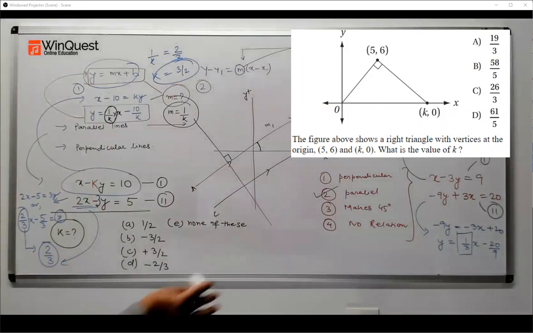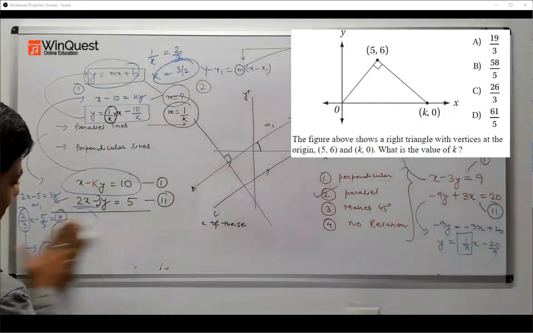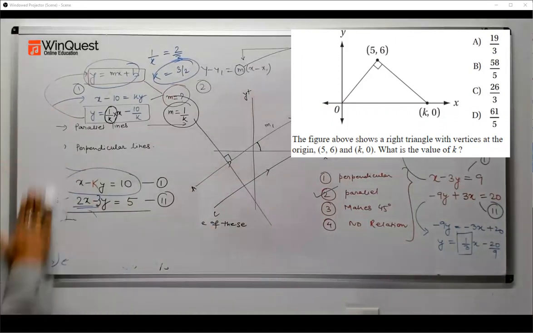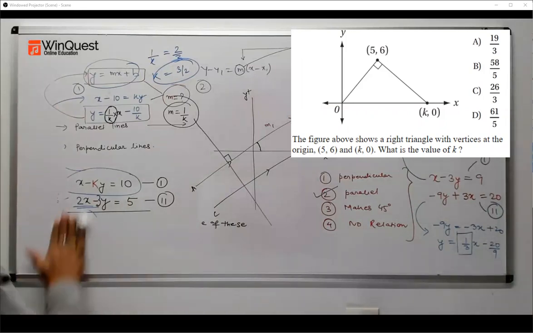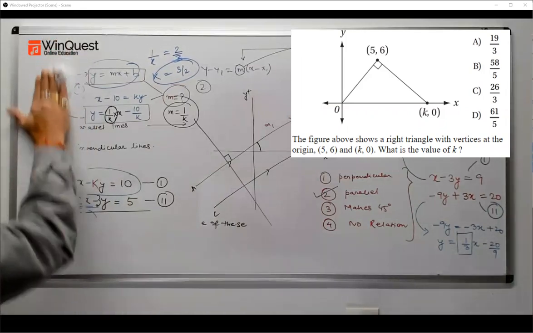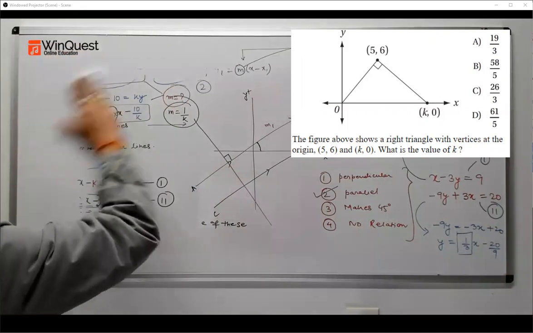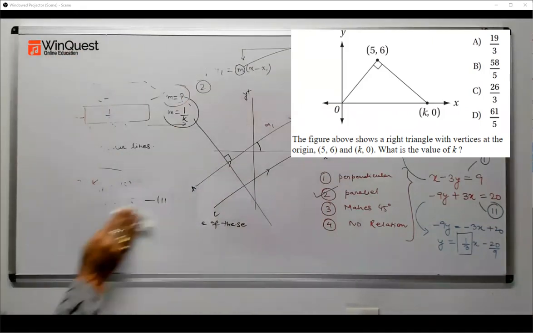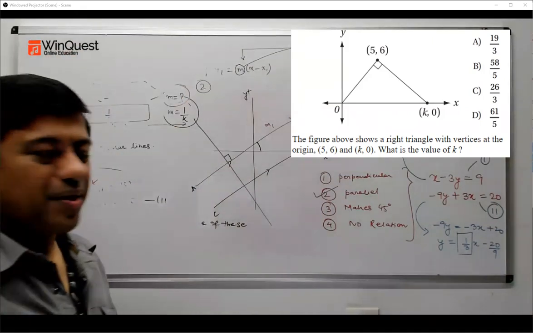Have your focus, guys. Have your focus here. You are learning about parallel and perpendicular lines in relation to coordinate geometry.